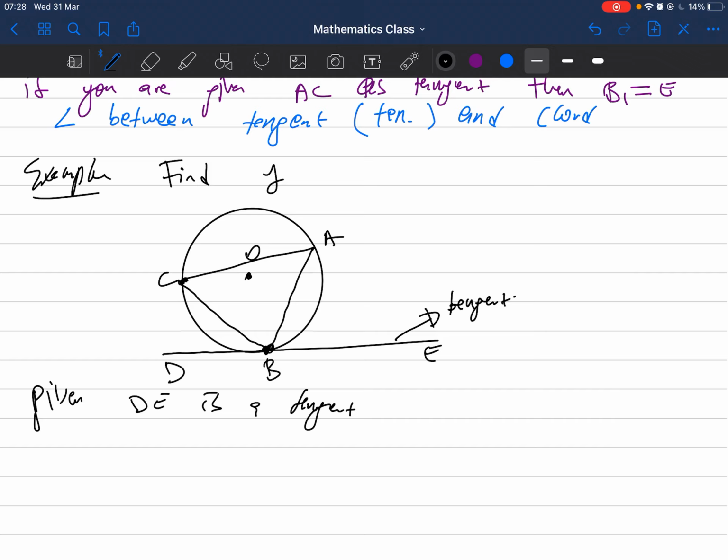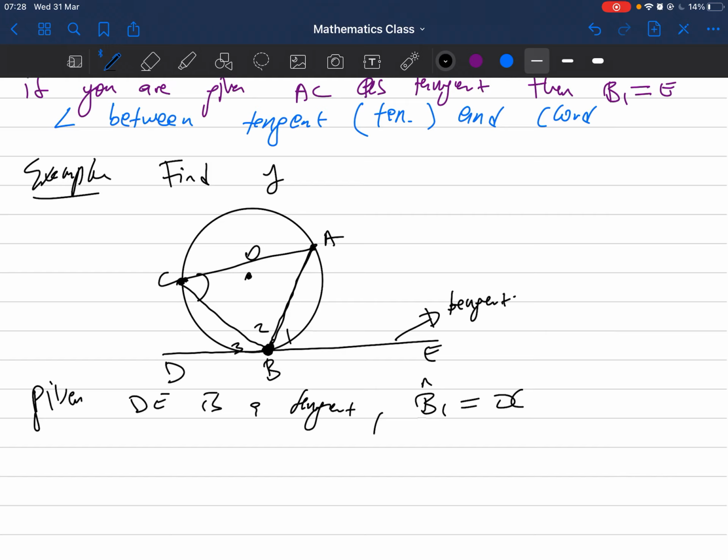And then we have this circle, this triangle touching the edges of the circle, and one of the edges is the point where it meets with the tangent. Then what you have is, we're given this is B1, B2, B3, and you're told that B1 is equal to X, right?